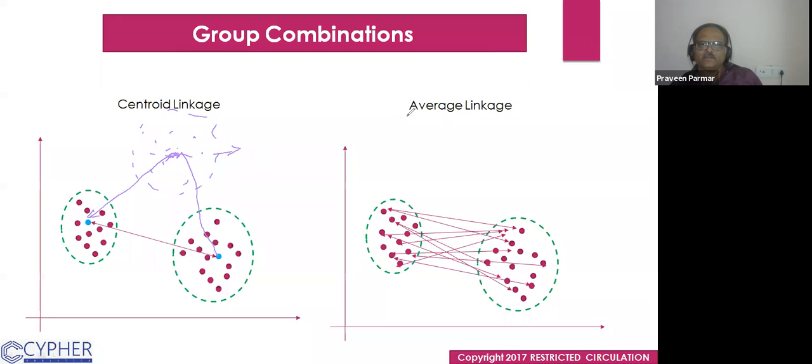The average linkage is my favorite one, because here we see the distance between each and every point of the group. Getting it? The distance of this point we are getting with all points.